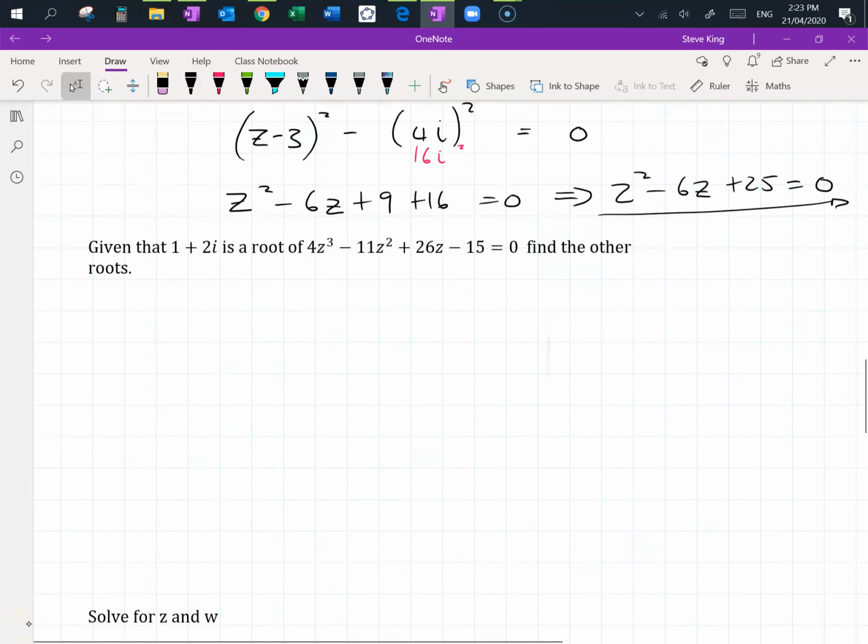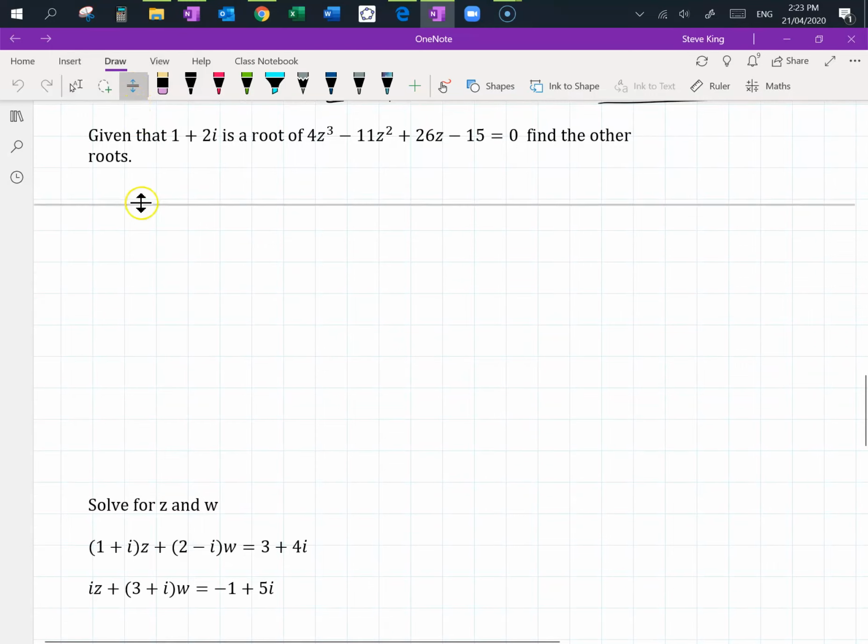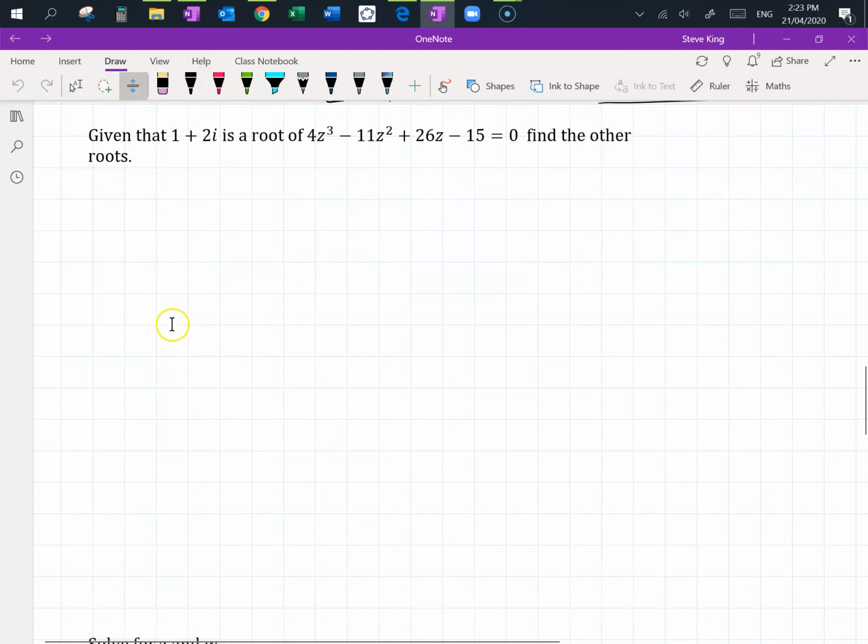The next example looks fairly similar to this. We're going to work with conjugate pairs because we've got an equation and clearly the coefficients of all the terms are real numbers. You're told that 1 plus 2i is a root of the problem.